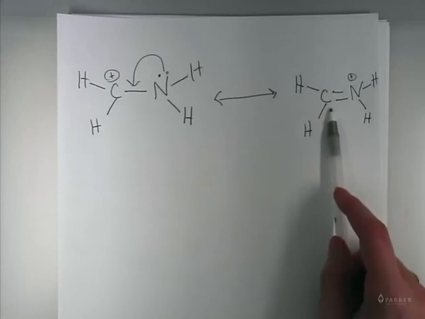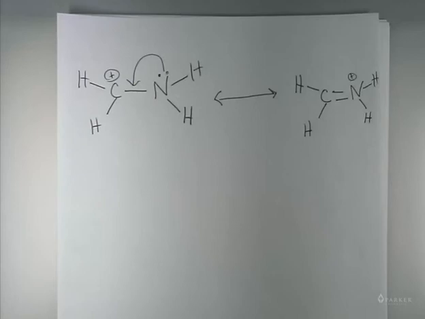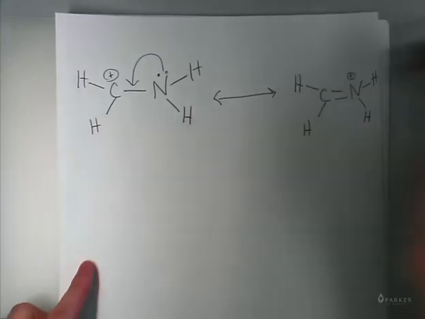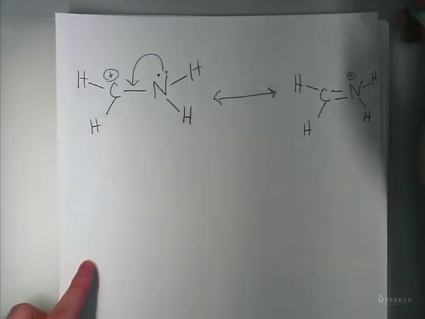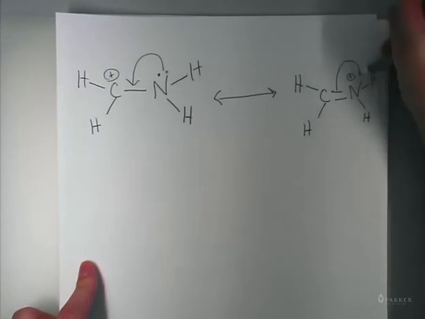Okay, and then the carbon is good. Again, if we wanted to go back to this structure, how would we draw the arrow? From the double bond to the nitrogen lone pair.